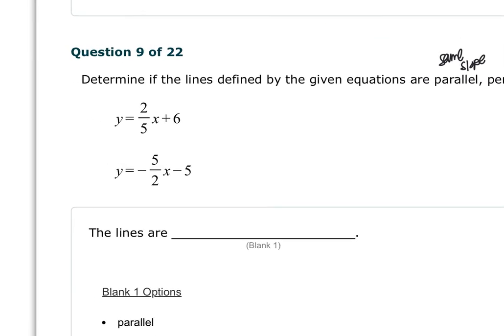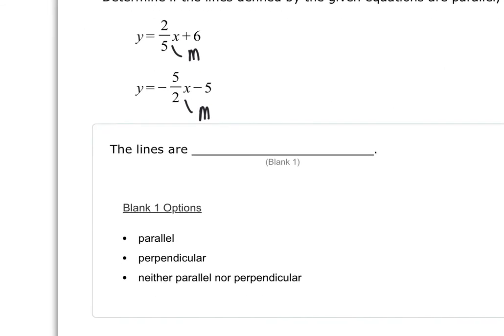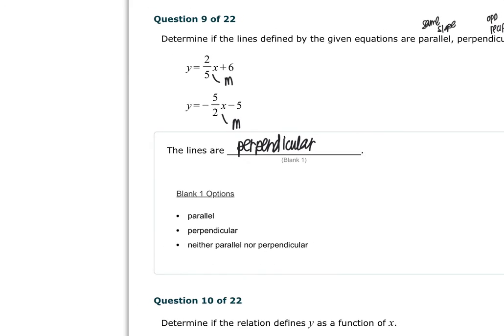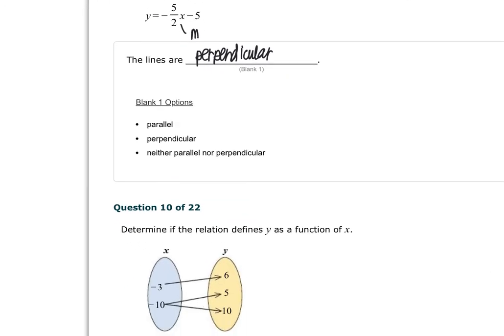Well, the slope here on the first line is 2/5, and the slope on the second line is a different sign, so it's -5/2. So that's what reciprocal means. It's the flipped version of it. So these lines are perpendicular because they were both opposite and reciprocal.